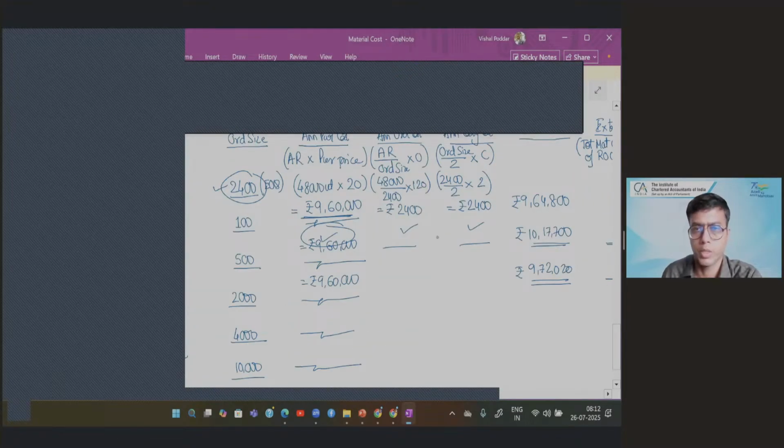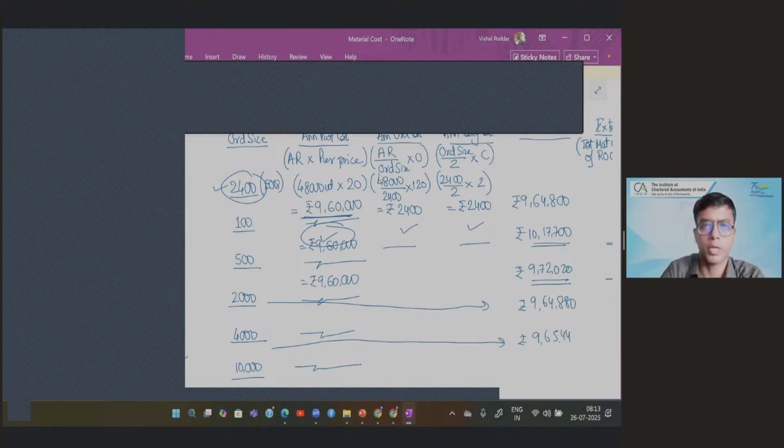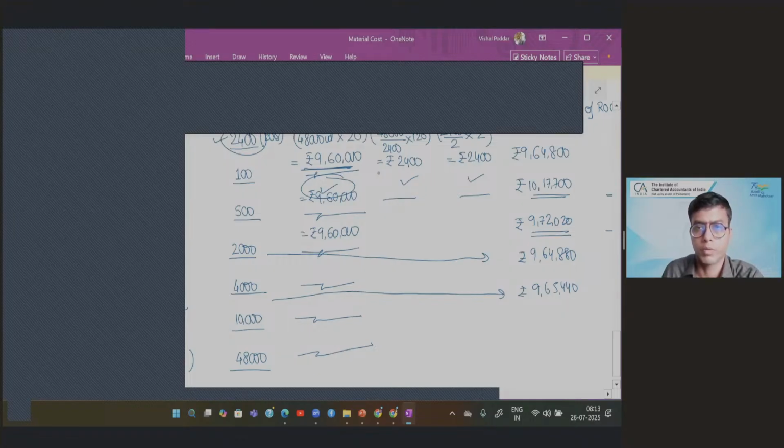Now for the 2000 level, it is 964,880. For the 4,000 level, it is 965,440. For the 10,000 level, it is 970,576.